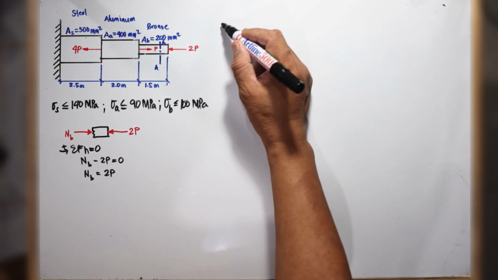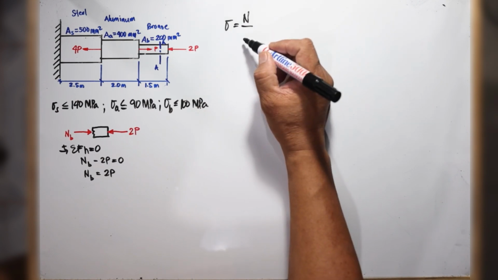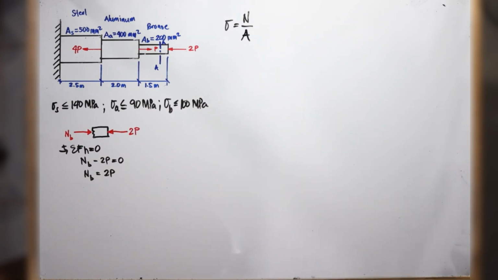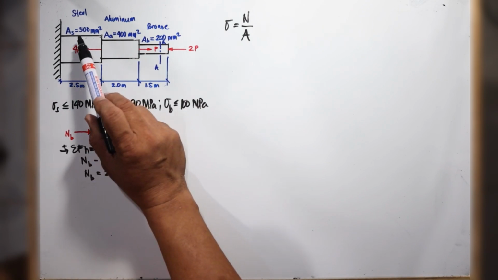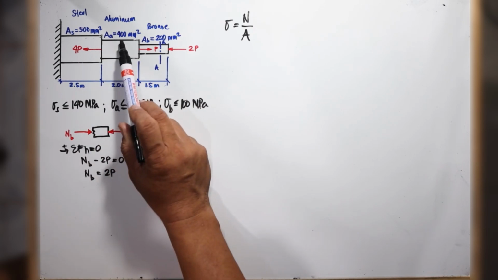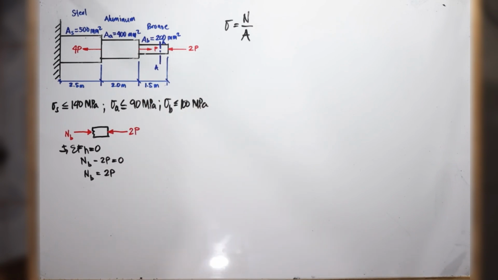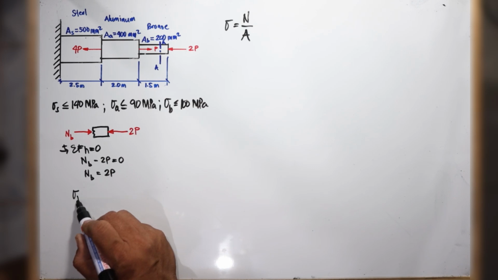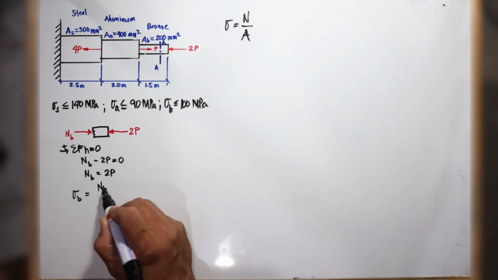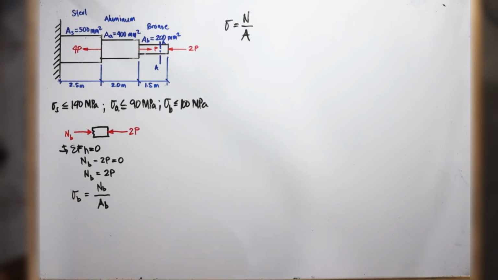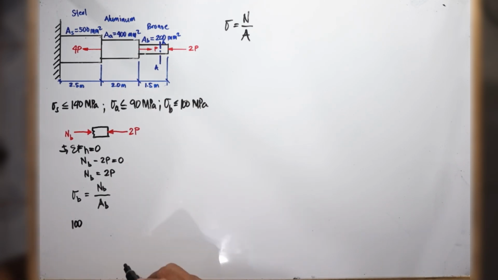The stress is given as equal to the normal or axial force divided by the cross-sectional area. We are also given the cross-sectional area for steel is 500 square millimeters, for aluminum is 400 square millimeters, and for bronze it's 200 square millimeters. So from the stress formula, the stress for the bronze is equal to the internal force N sub B divided by the cross-sectional area A sub B. So we're given sigma sub B equals 100 megapascal.